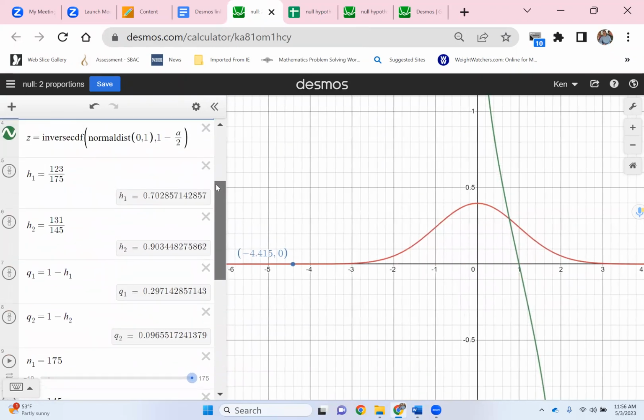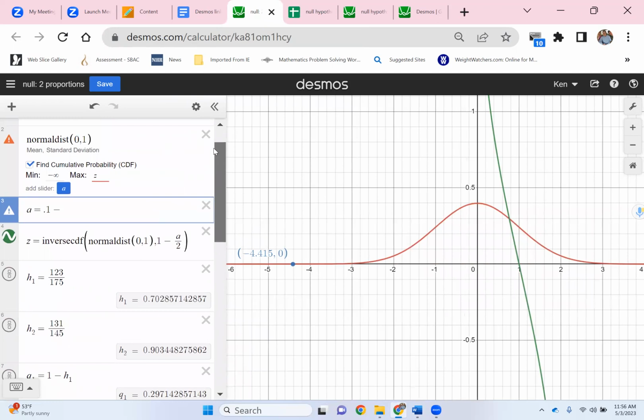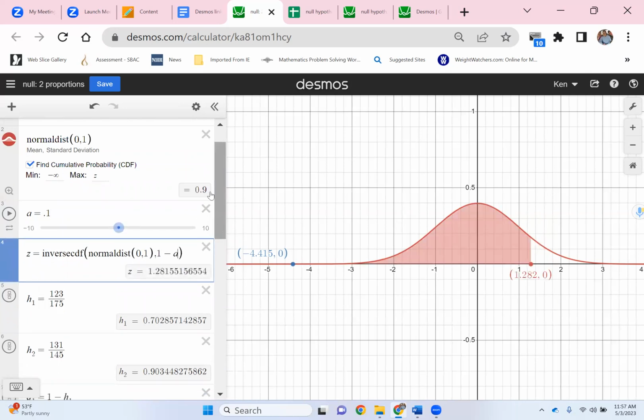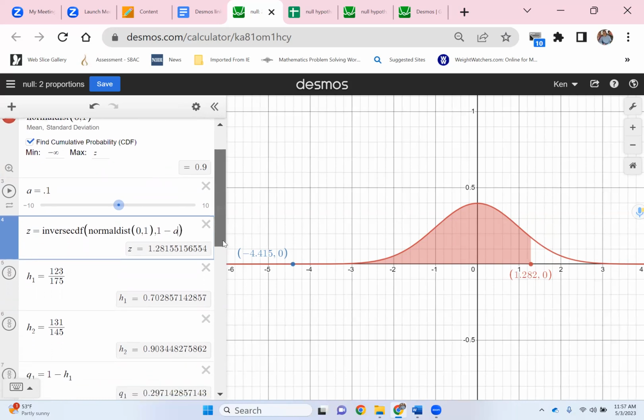Our area here is 0.95. We don't want that. We want 0.90. So let's get rid of this alpha over 2 because it's only one tail. There we go, 0.90. There's our critical value, which may change because we didn't put in our information.